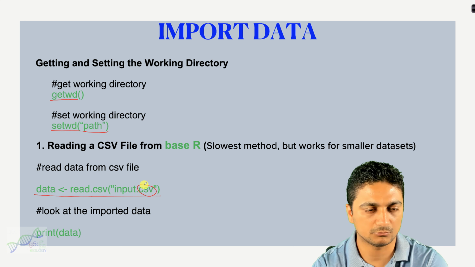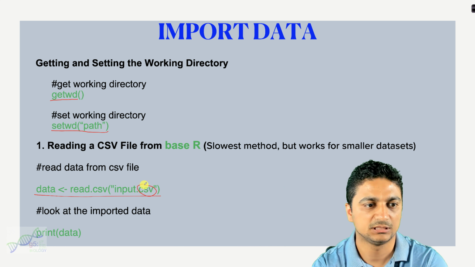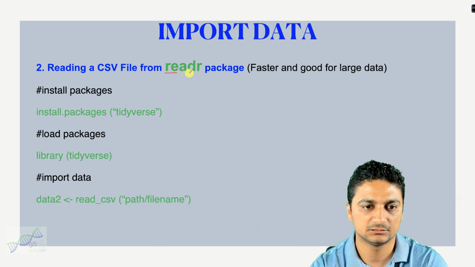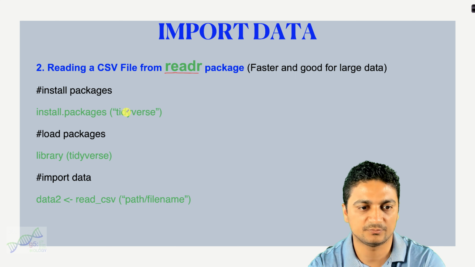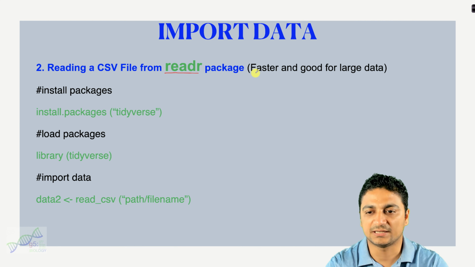We'll look into detail in RStudio when we are actually importing the data. And the second way is using the readr package, which we can install by using the tidyverse package. If we use the tidyverse package, then readr is automatically installed. This package is faster and good for large data sets.